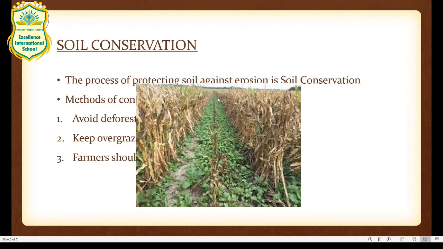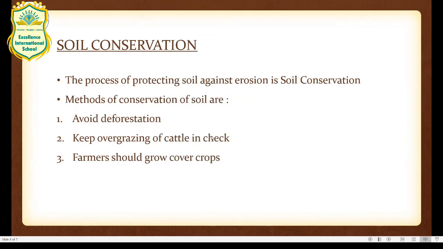So to prevent that, they have planted these small crops known as cover crops, and because of these cover crops, this soil present here where no crop is being grown will get conserved. So this is another great idea, cover crops.